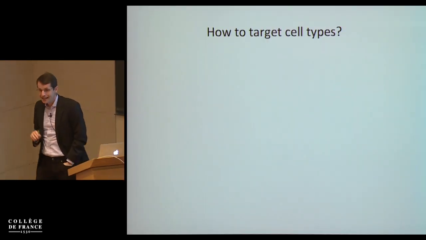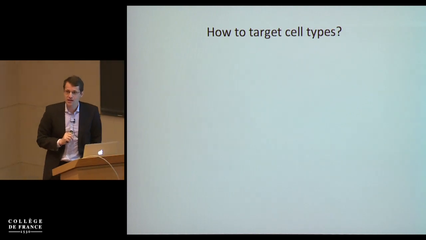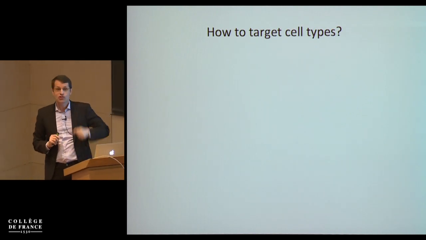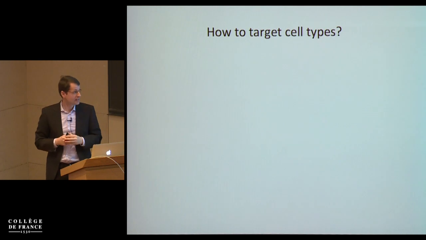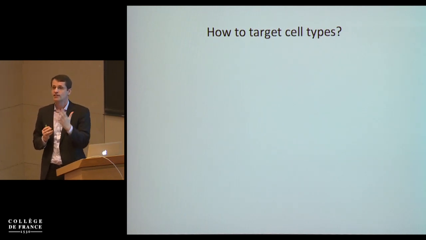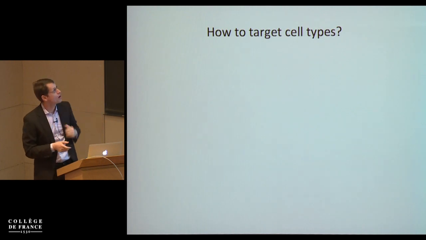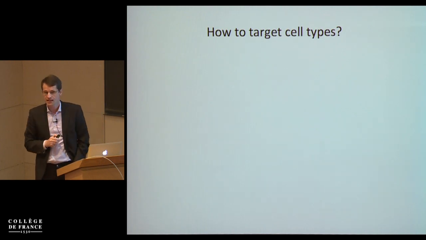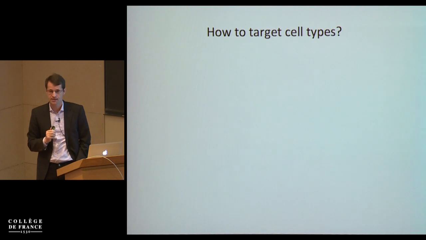So there is a little magic in what I showed you. And the magic is that, yes, you have a gene, and you have a complex network. But the question is how you can insert it into a particular cell type. How do you target cell types and relevant cells?